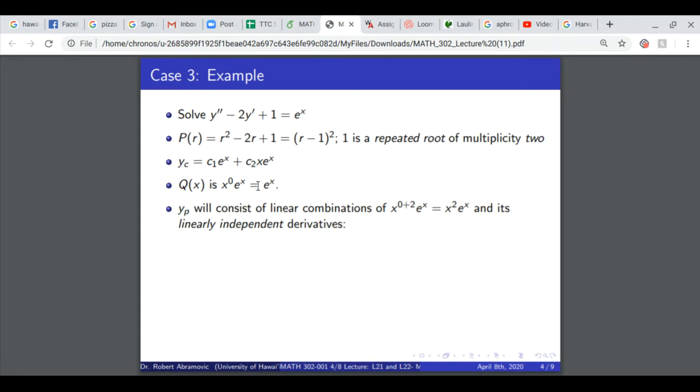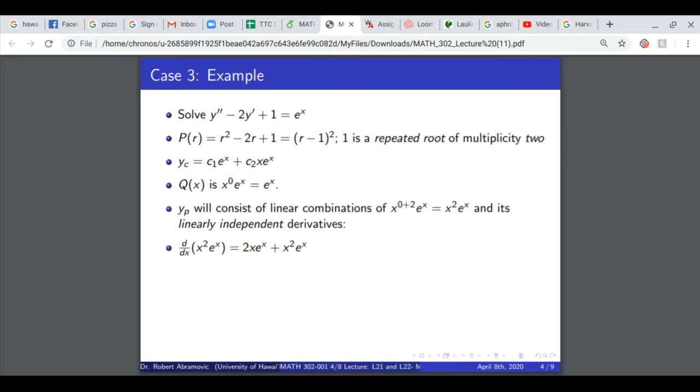The 0 is from how we wrote q of x, and 2 is from the multiplicity of the repeated root, in this case 1, of the characteristic polynomial. So it consists of linear combinations of x squared e to the x and its linearly independent derivatives.